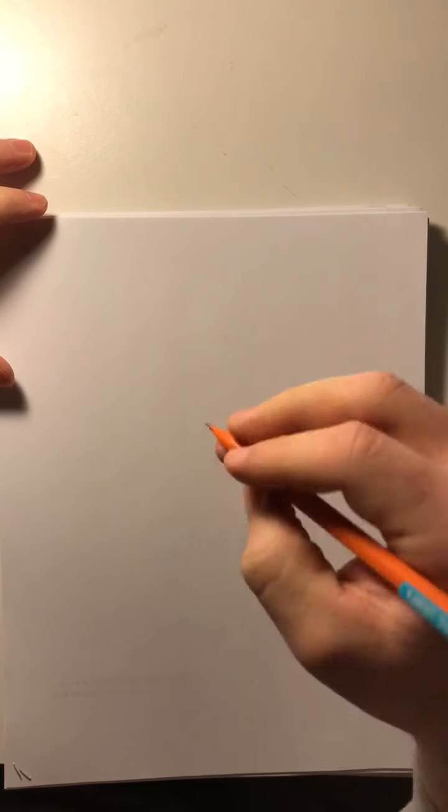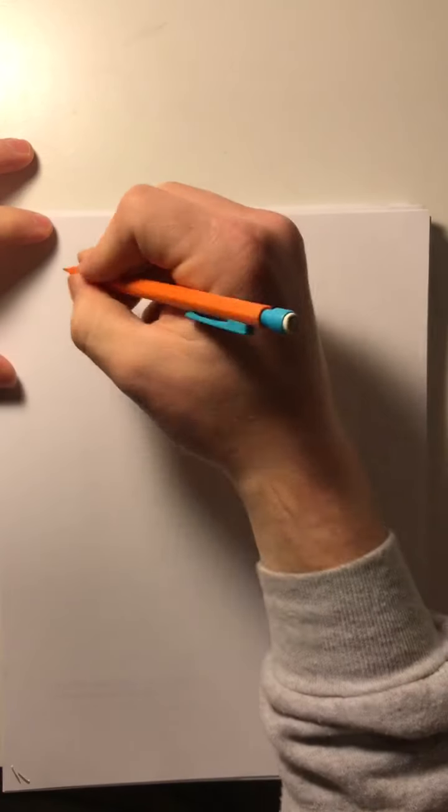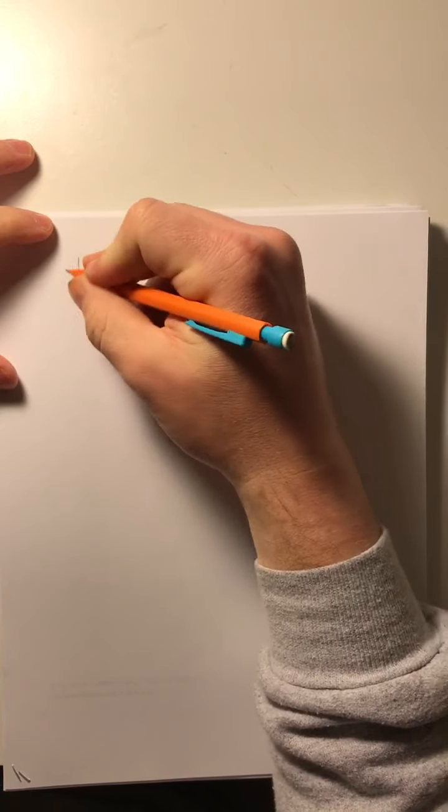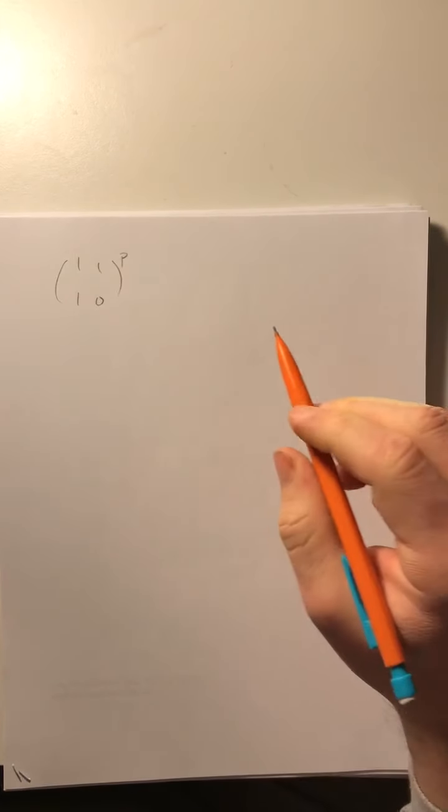So, on the previous page we had to raise some matrix to a power, and raising a matrix to a power is computationally a lot more difficult than raising a single number to a power, because I have to do this row times this column and then add the results, and it's not a direct thing.